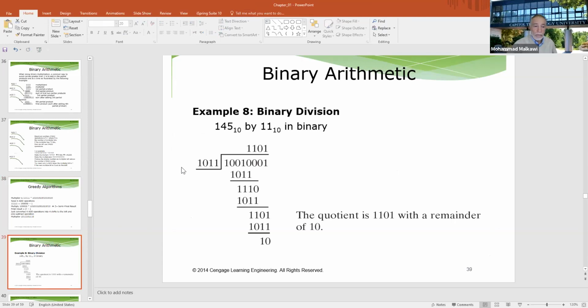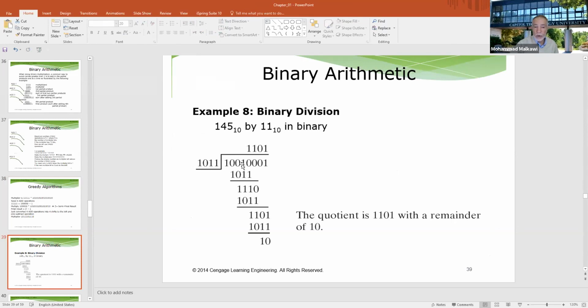Okay, let's do the division quickly here. The binary division is very similar to the decimal division, except it's much simpler. I have my divisor here, which is 1011, and the dividend is 1001001. Because the divisor is 4-bit, I will take 4 bits at a time.